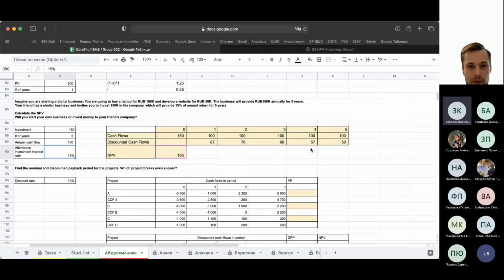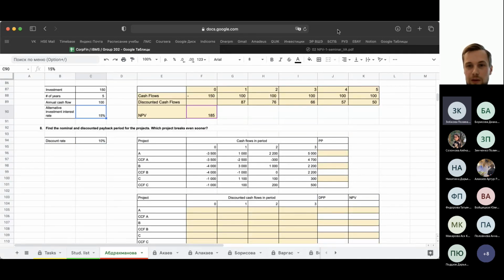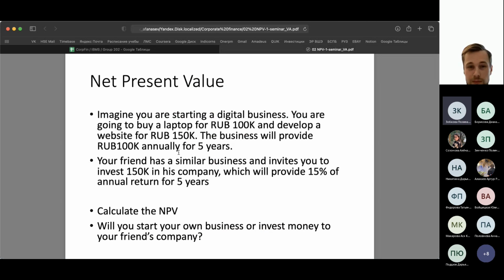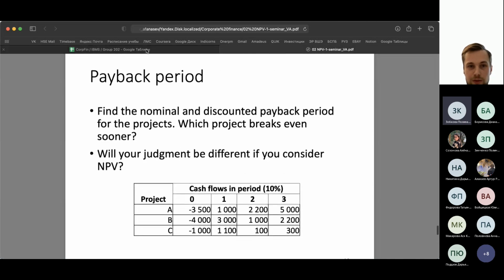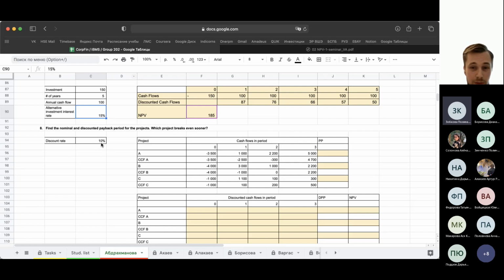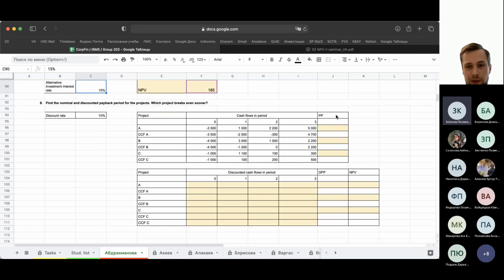Yes. Okay, so we have another task in the presentation and in the spreadsheets. The task is similar to what you have done in the lecture about calculating the payback period and discounted payback period.